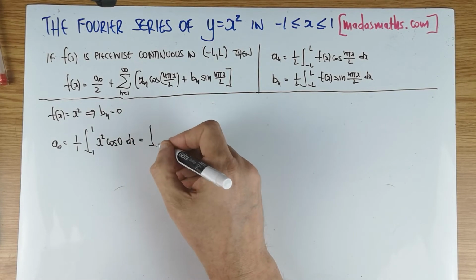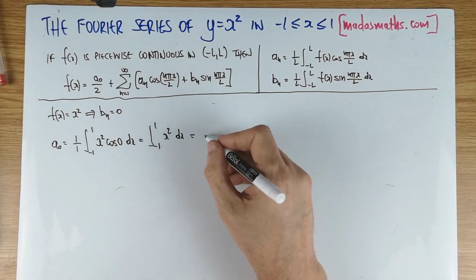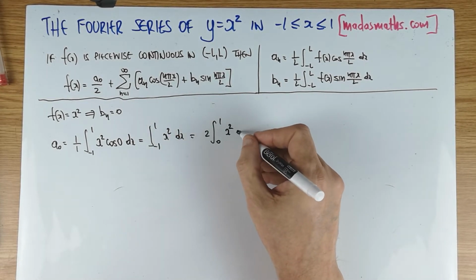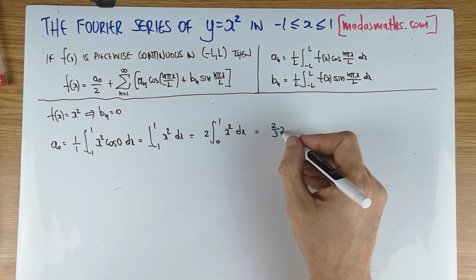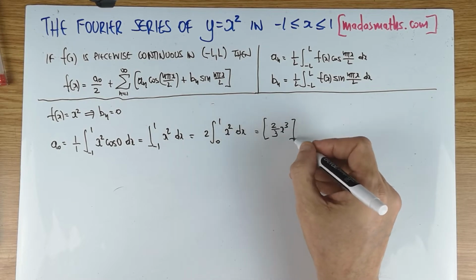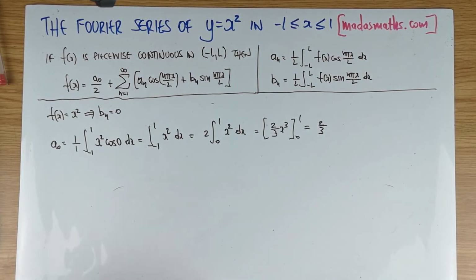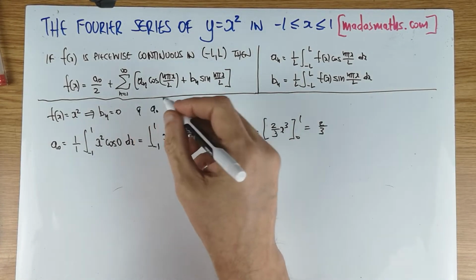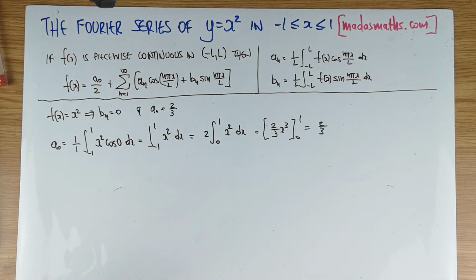So that's simply the integral from -1 to 1 of x squared dx, which is an even function, so we can write it as two lots from 0 to 1 of x squared dx, which will integrate to 2/3 x cubed between 0 and 1, and the answer is 2/3. I'm writing the results up here. A naught is actually 2/3.